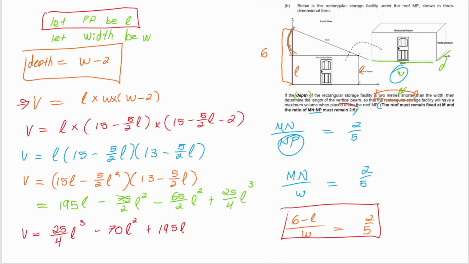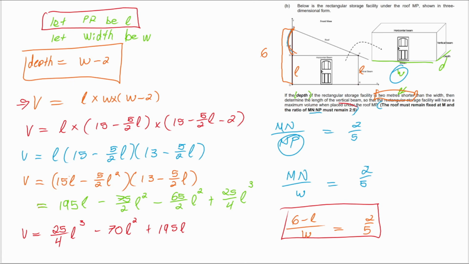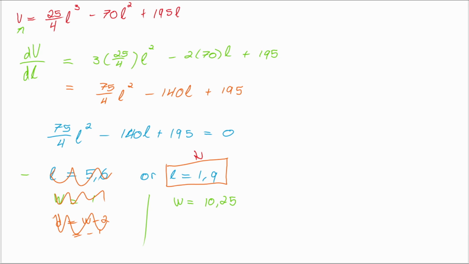So let's make sure we know what they were asking and we answer what they were asking. They say determine the length of the vertical beam, the length of PR. And what did I call PR? L. So here I have solved for the length.